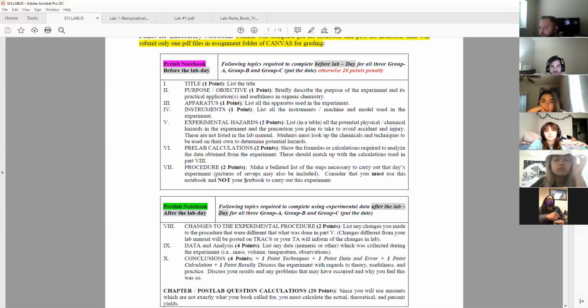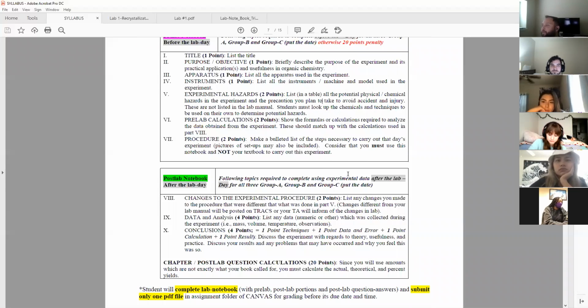And then the procedure is in bullet form. You know, just copy it from your lab manual. I know it sounds horrible, because we're not supposed to plagiarize, but there's not really much creativity you have with that.